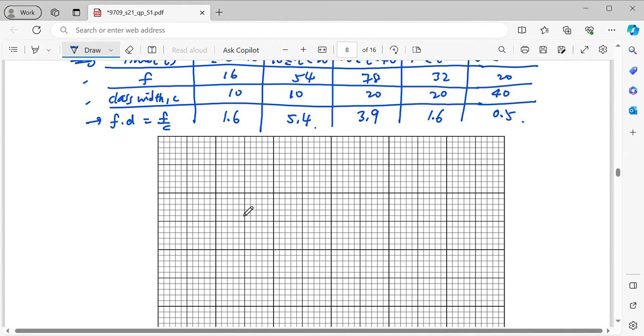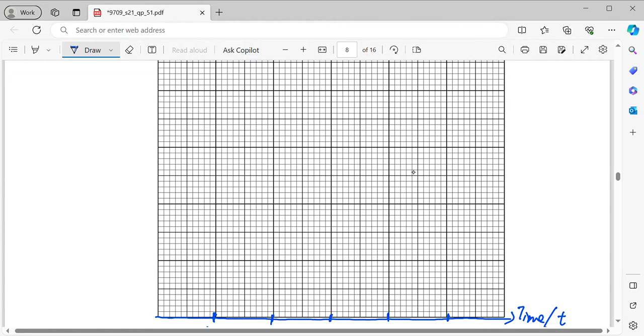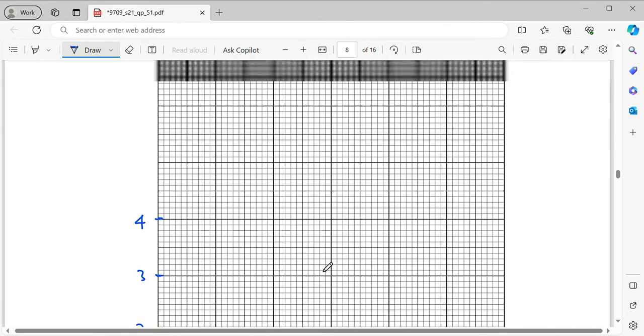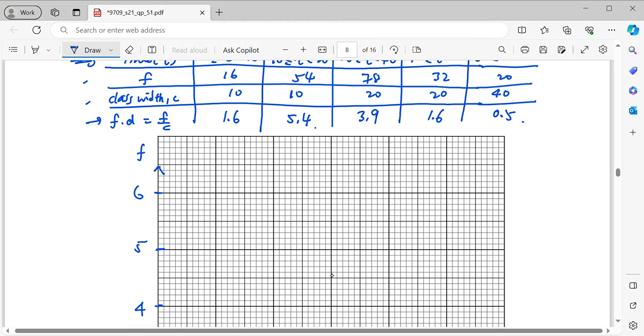And then I need 5.4, so it will be 6. That means it's 1, 2, 3, 4, 5, 6. This will be my frequency density. So probably here I can write frequency density.